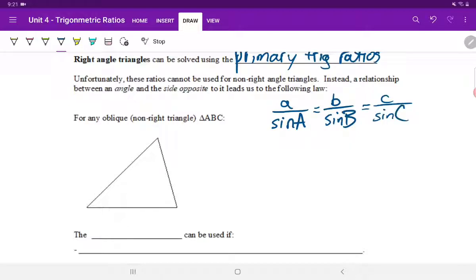So here's your sine law, and we only ever use two of these ratios to solve a problem based on what we're given in the question. We can use any two of these. So you're never going to need to use all three here.